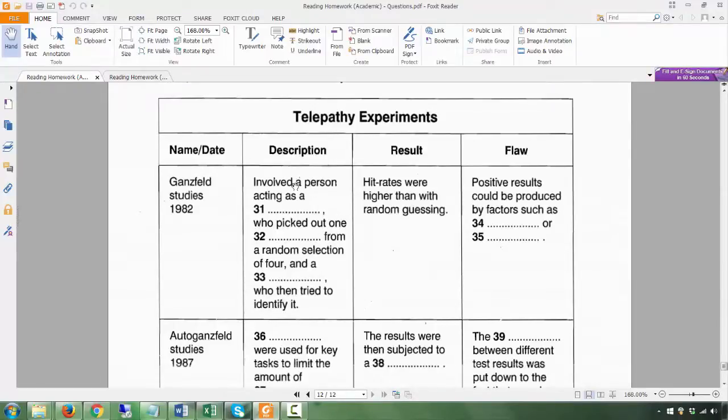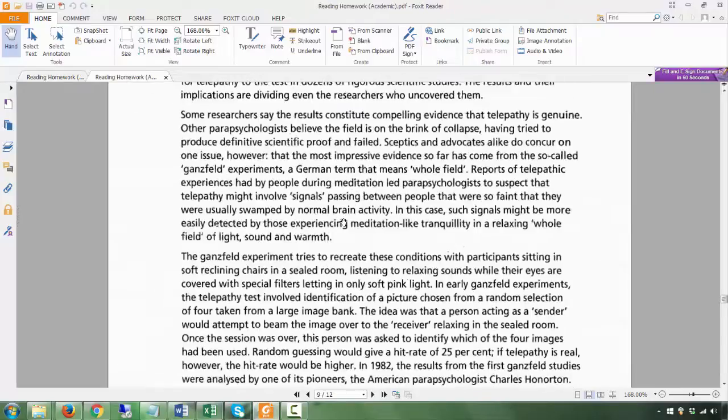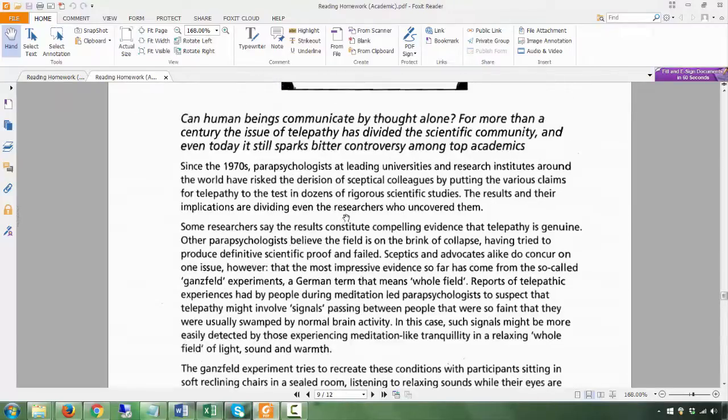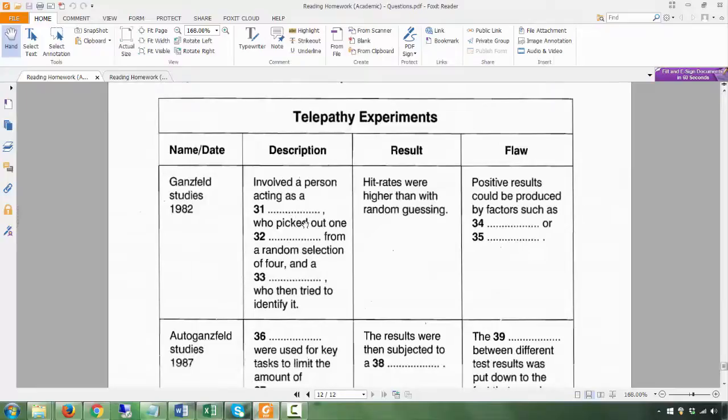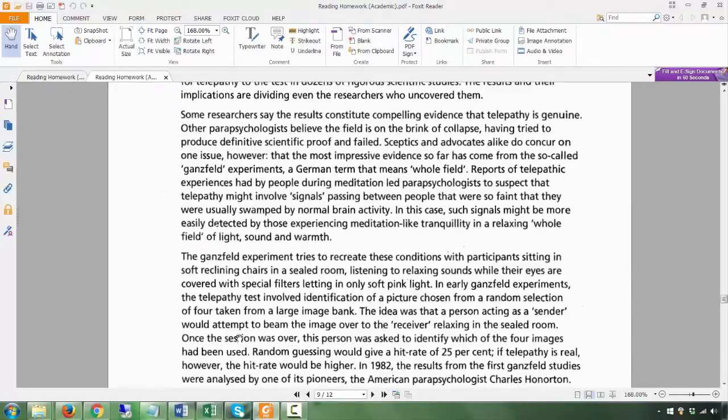Okay, so the Ganzfeld study involved a person acting as a sender. The idea was that a person acting as a sender picked out one image from a random selection of 4. Basically 4. In early Ganzfeld experiments, the telepathy test involved identification of a picture chosen from a random selection of 4.